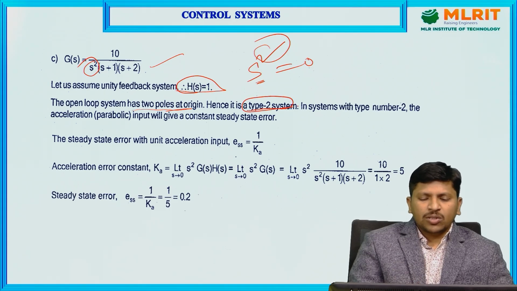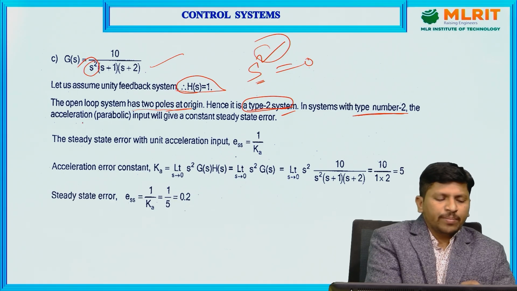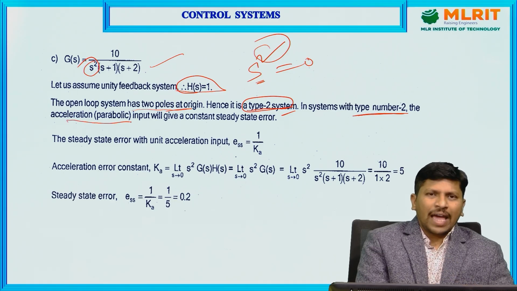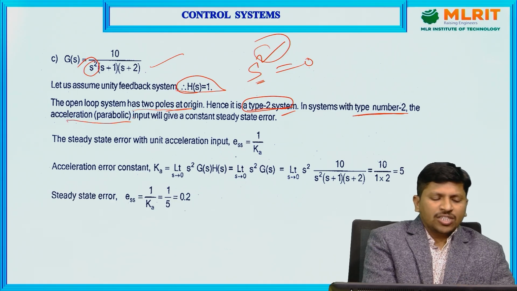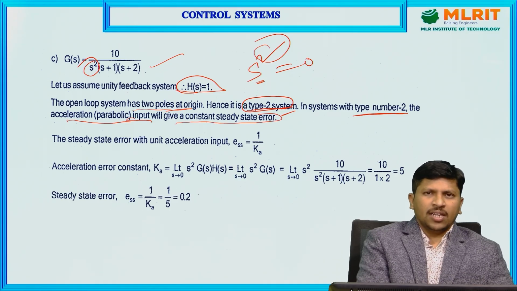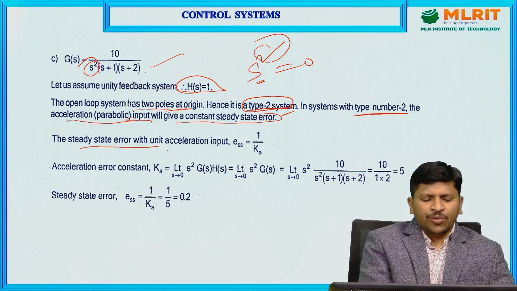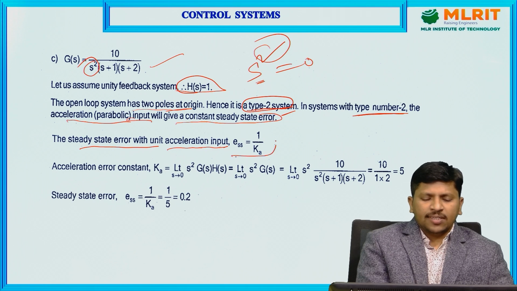Type number is 2. So the input signal is what? Parabolic signal or acceleration. Acceleration input or parabolic input will give a constant steady state error. Already we know that the steady state error with unit acceleration input, that is ESS equals 1 divided by Ka.